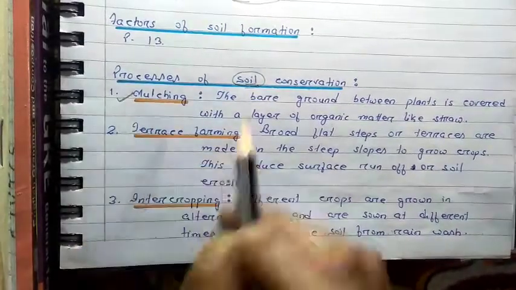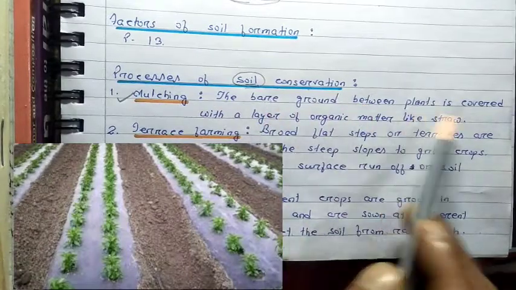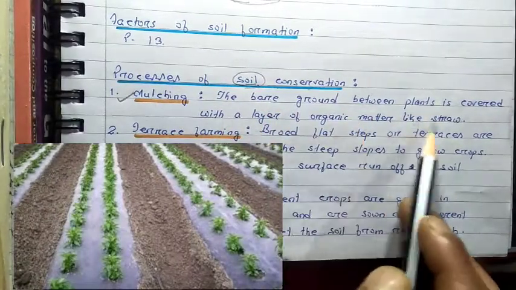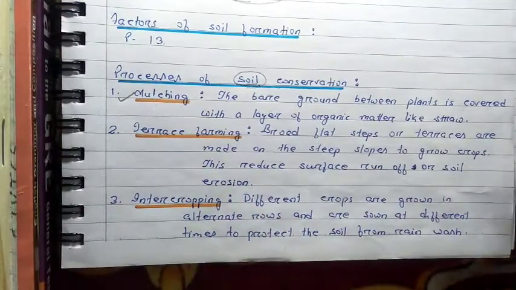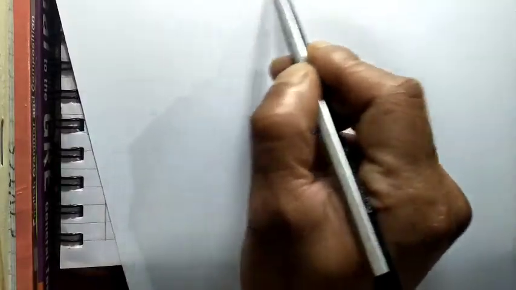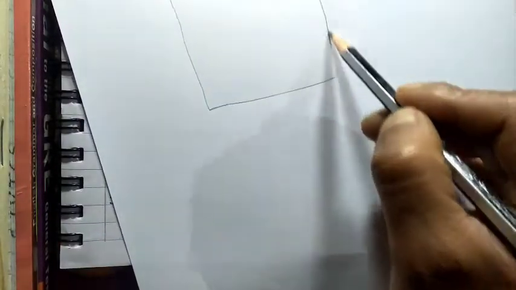The first point is mulching. The bare ground between plants is covered with a layer of organic matter like straw. As I hope you have seen in the picture, and I am trying to show you here. Suppose this is one cropland.